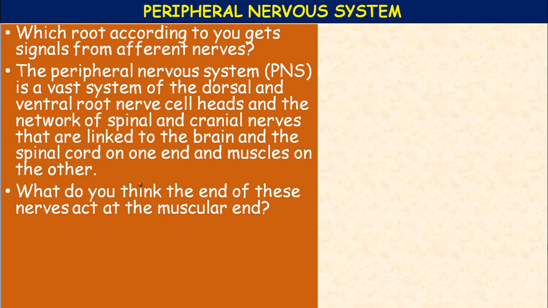The cranial nerves originate from the cranium. A human body has 12 pairs of cranial nerves, which can be sensory: olfactory and optic. Motor: oculomotor and trochlear. And mixed: trigeminal and facial.